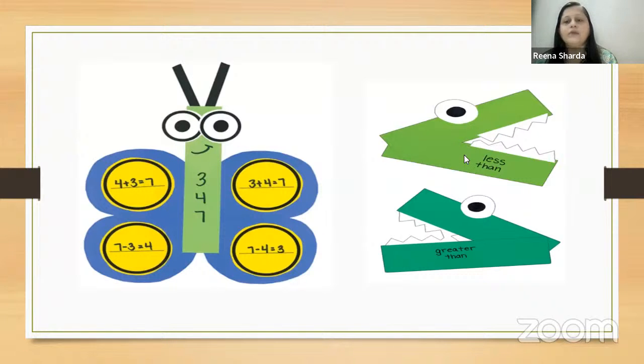And to teach them less than, more than, we can make a crocodile mouth or a bird mouth, and we can ask them to open the crocodile mouth toward the number that is bigger, right? So we can teach them this in more interesting ways nowadays.